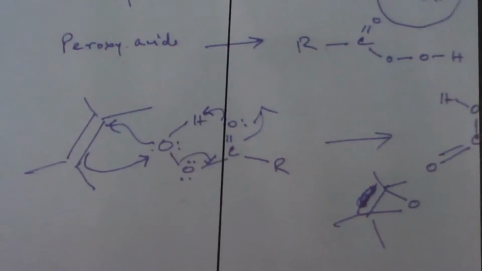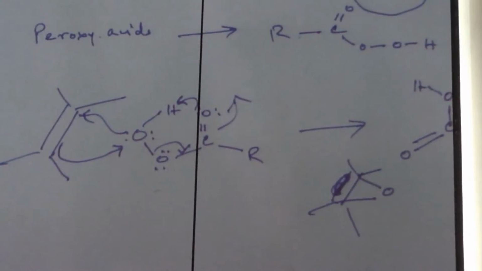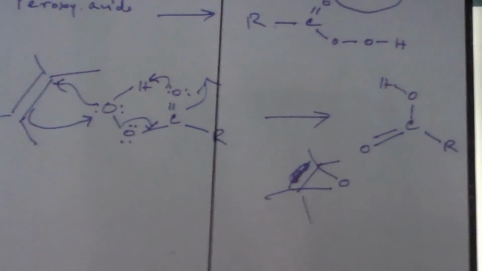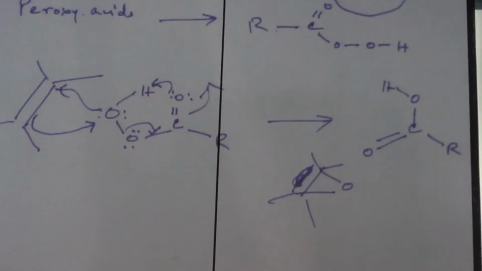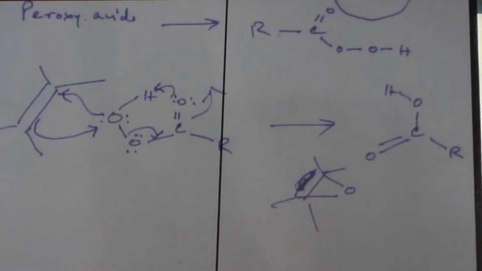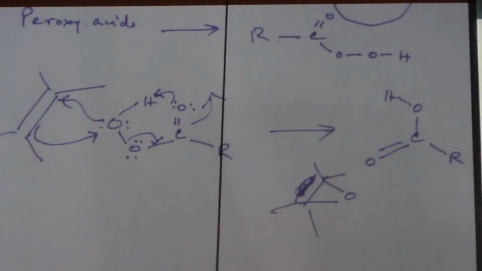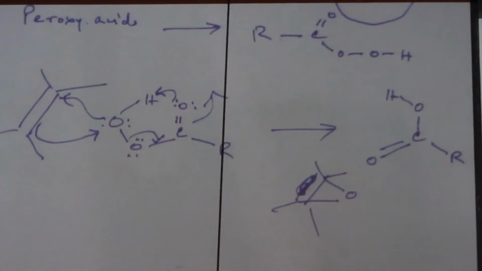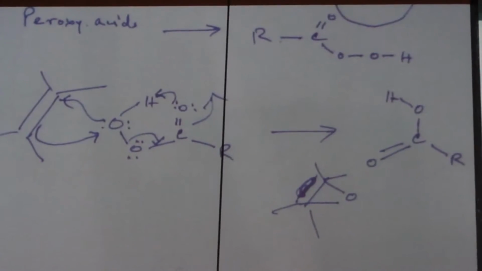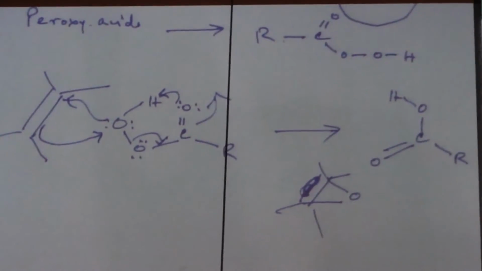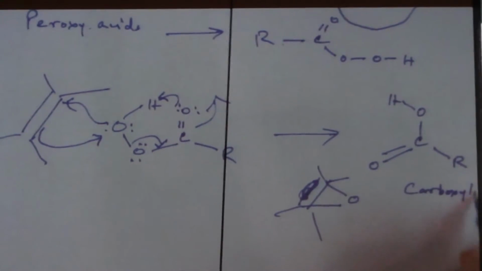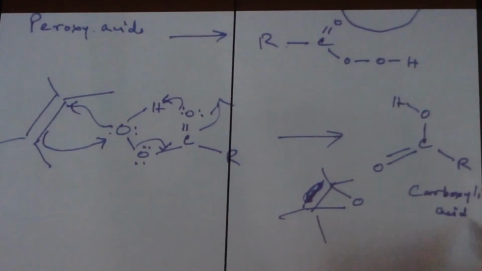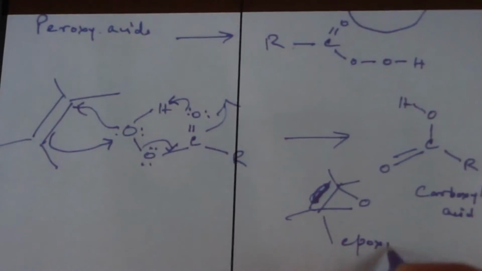And so it's a very easy reaction. So peroxyacids are relatively easy to transfer one oxygen, and the peroxyacid is in turn converted to a carboxylic acid, and the alkene is converted to the epoxide.